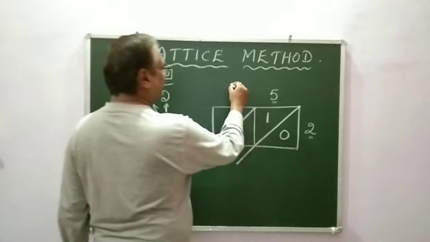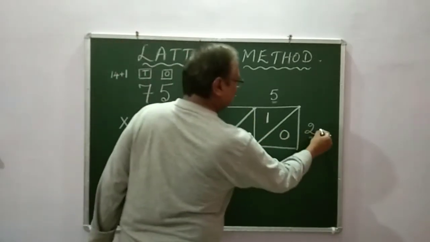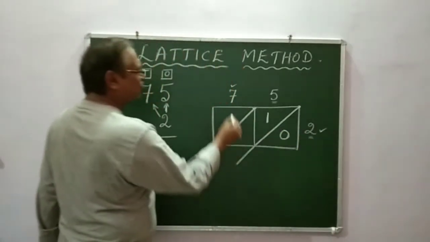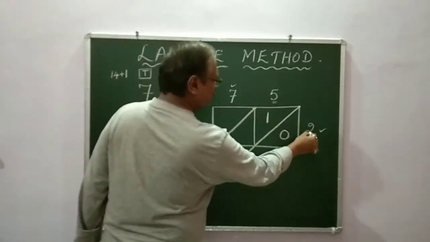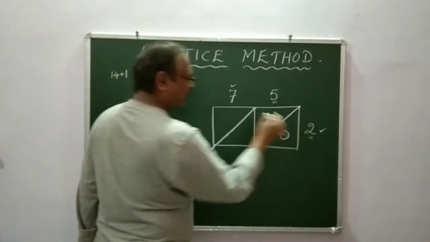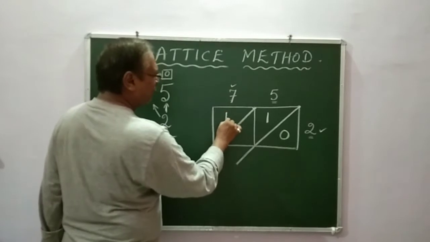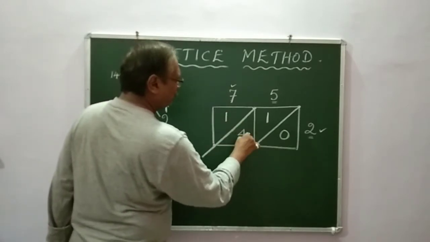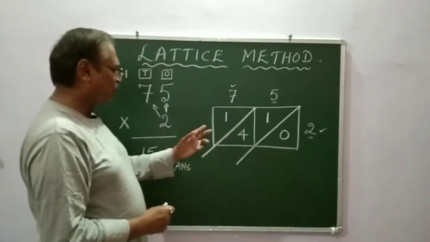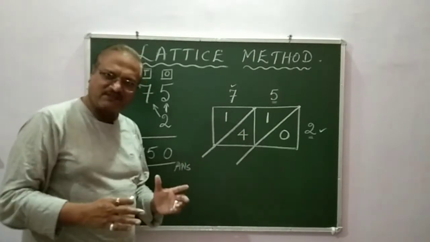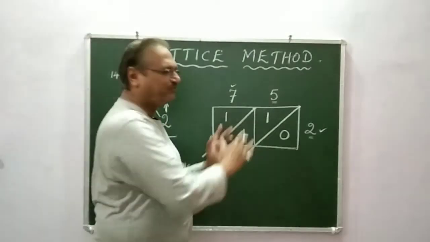Now take the second digit and multiply it with 2. 7 2s are 14. Above 1, below 4. Done? Now forget about everything.